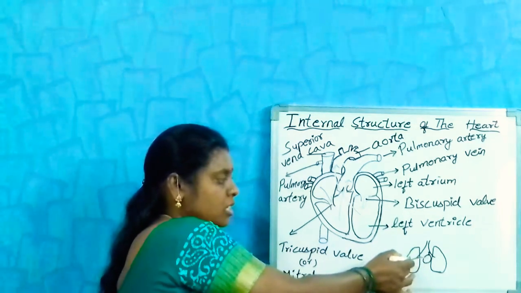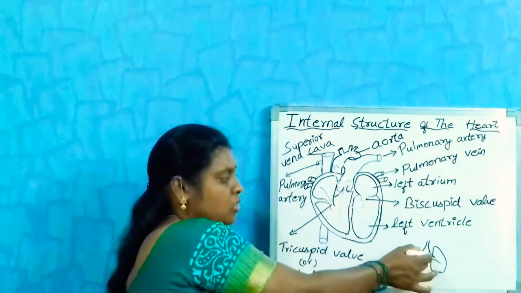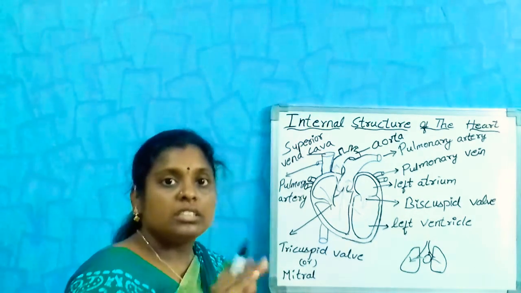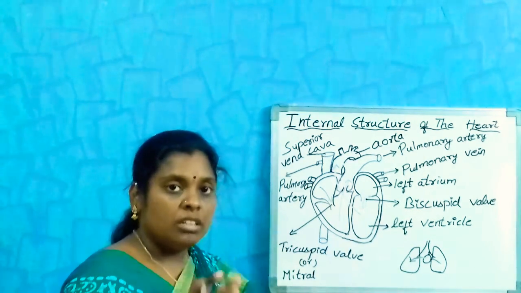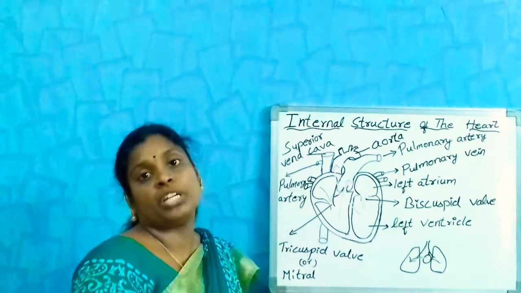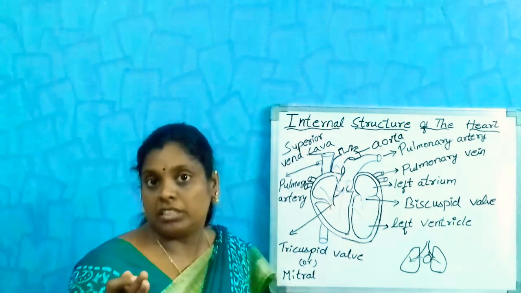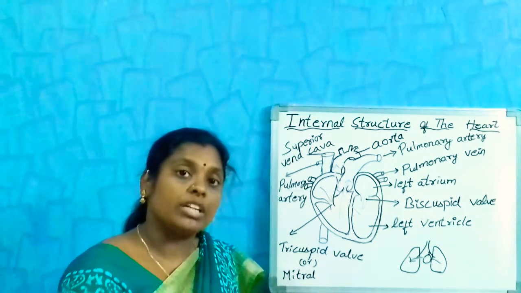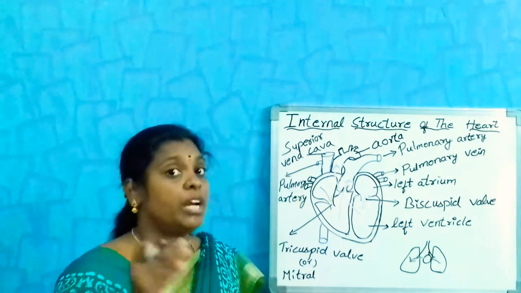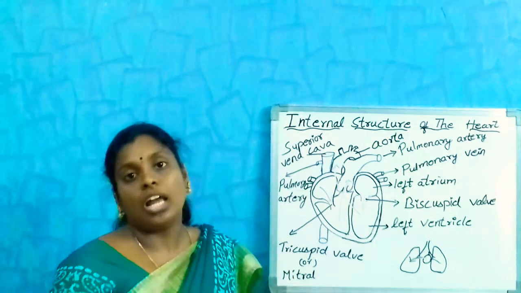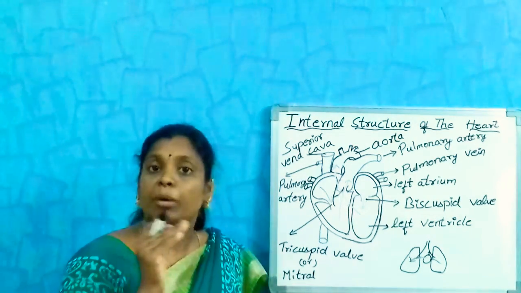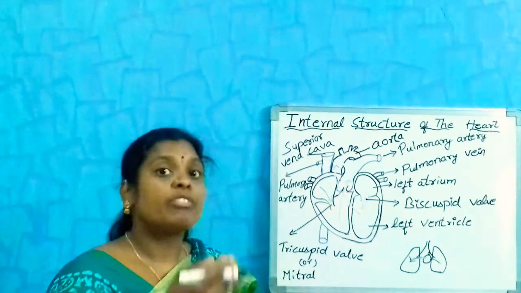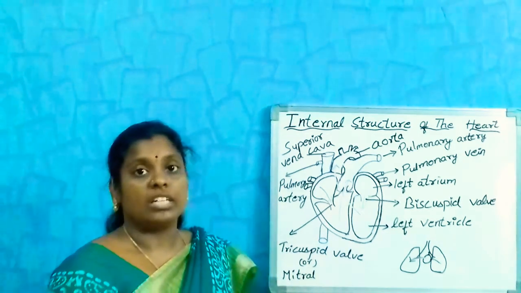Here heart to lungs, here lungs to heart. Means the system is reversed. With the pulmonary artery and vein, remaining all arteries carry oxygenated blood, but the pulmonary artery carries deoxygenated blood from heart to lungs, and the pulmonary vein carries oxygenated blood from lungs to heart.